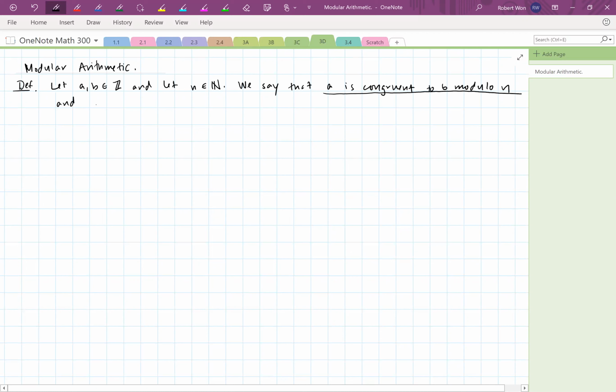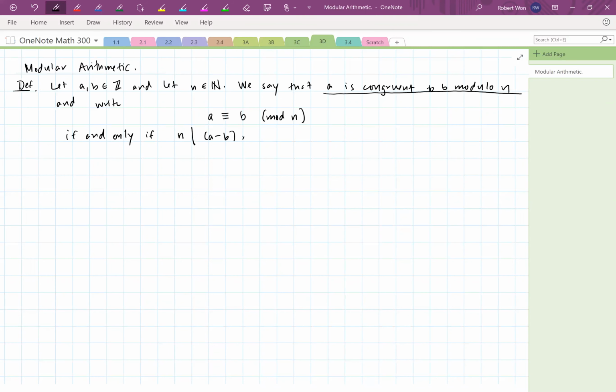And we write the following: a congruent to b mod n, if and only if n divides a minus b. Okay, so I'm only making this definition for natural numbers n. And in fact, maybe I should even say here, greater than 1.